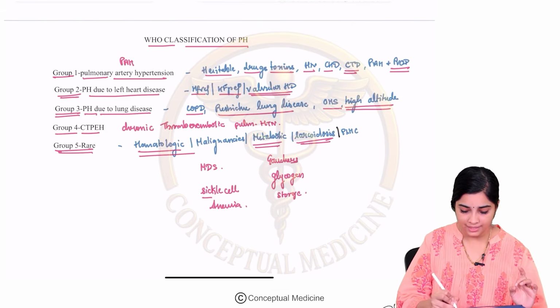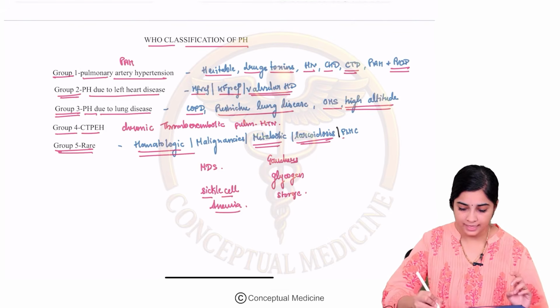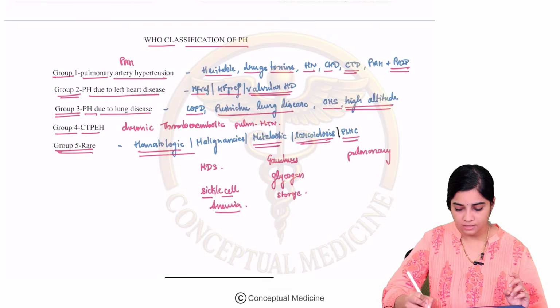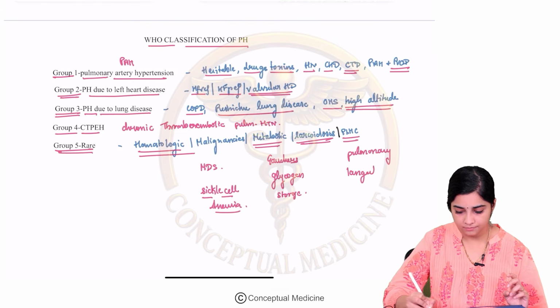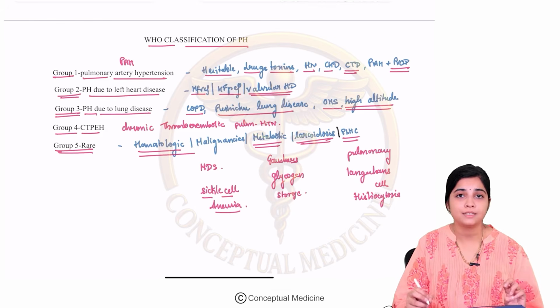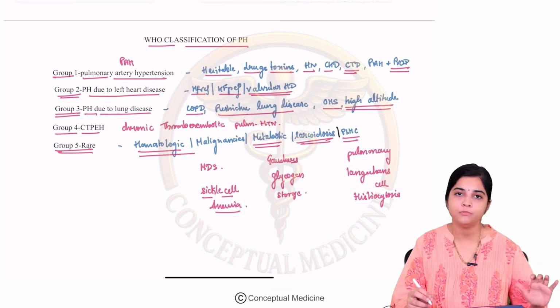Then we have sickle cell anemia related pulmonary hypertension, and PLCH is pulmonary Langerhans cell histiocytosis. So remember hematologic malignancies, sickle cell anemia, storage disorders, sarcoidosis, PLCH, all these are group 5.